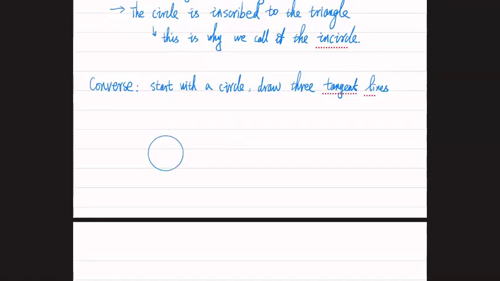Then I draw three tangent lines, kind of arbitrary, as long as they are not parallel. Let's use a different color. The only requirement is they're not parallel.